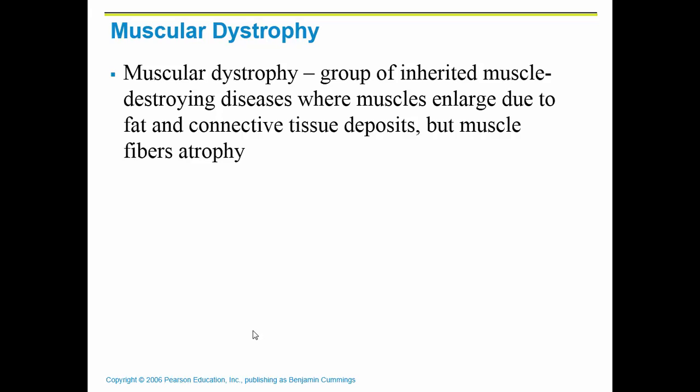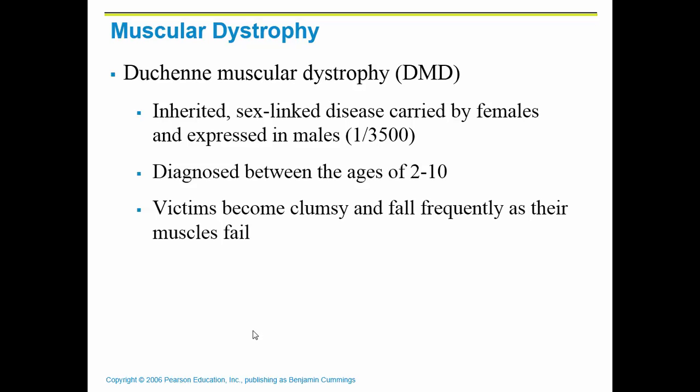And what happens is the muscle fibers start to atrophy. Atrophy in a muscle just means they start to reduce in size, and fat and connective tissue deposits start to fill in the spaces. And when that happens, fat and connective tissue are unable to contract. They're not muscles, so that muscle stops being able to contract.